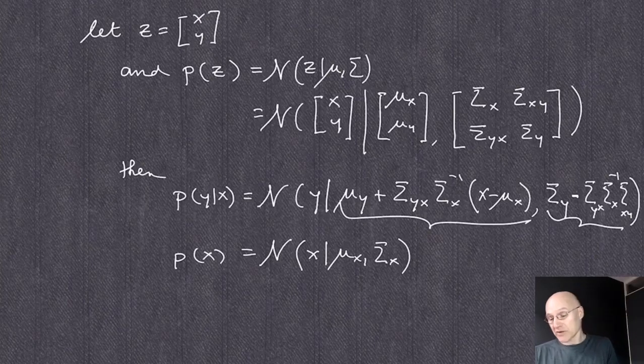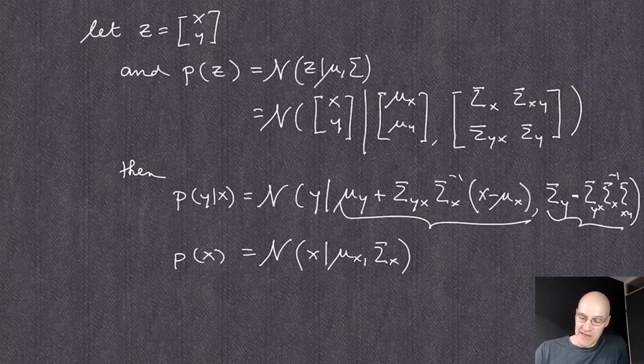On the other hand, if we take a look at this new mean, you kind of recognize this prediction correction thing again. The marginal for p(y) would of course be just a Gaussian over y with mean mu y and variance sigma y.